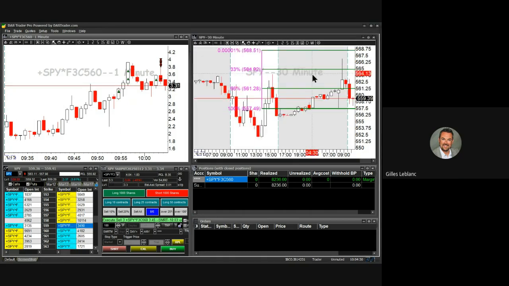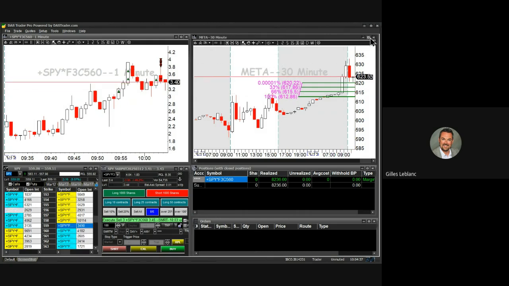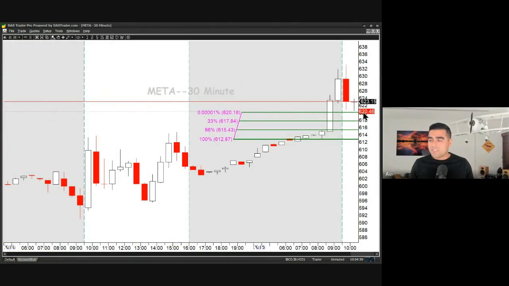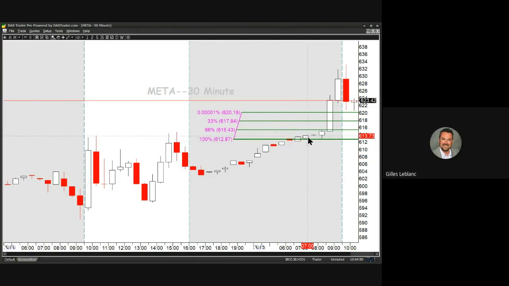Hey, Avi, can I have your thoughts on Meta break and retesting this level here? Yeah. So this level here, 620, is not a breakout. I don't even see a genuine level that it broke out from. Somewhere in this zone. I don't even have it broke out at 8:30 when the news came out.